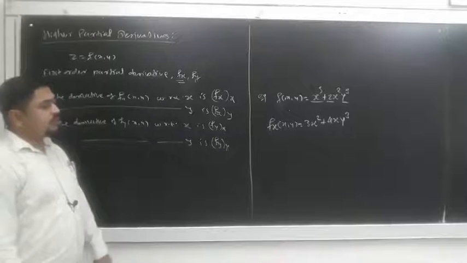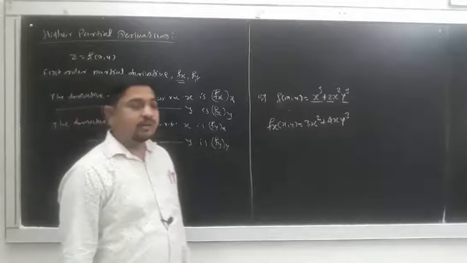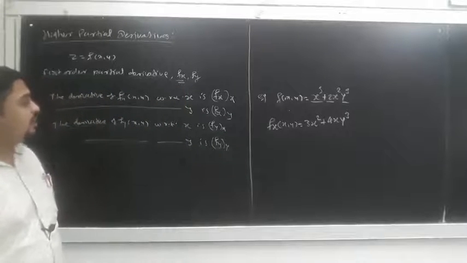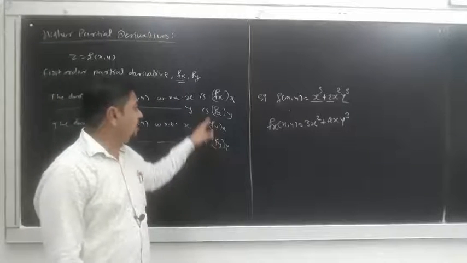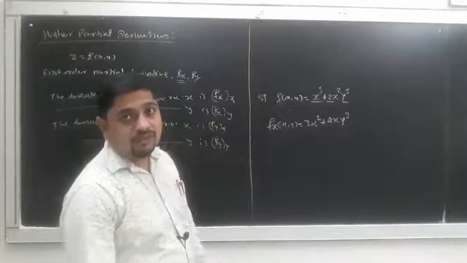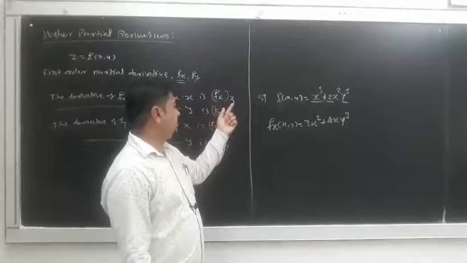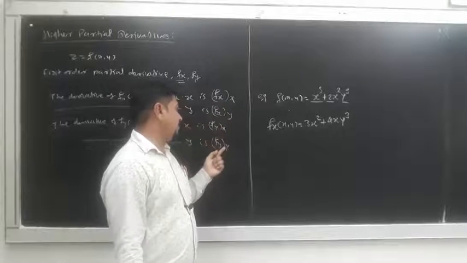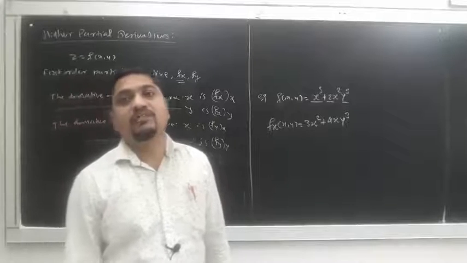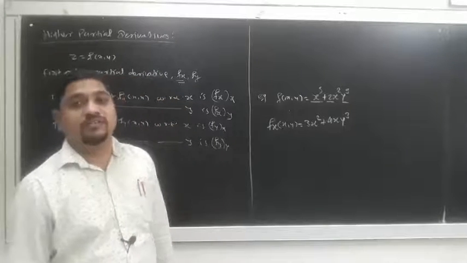So we can differentiate these functions fx and fy again, and we get the second order derivatives. We are getting 4 derivatives. Again these fxx, fxy, fyx, fyy are functions of x and y, therefore we can again differentiate.